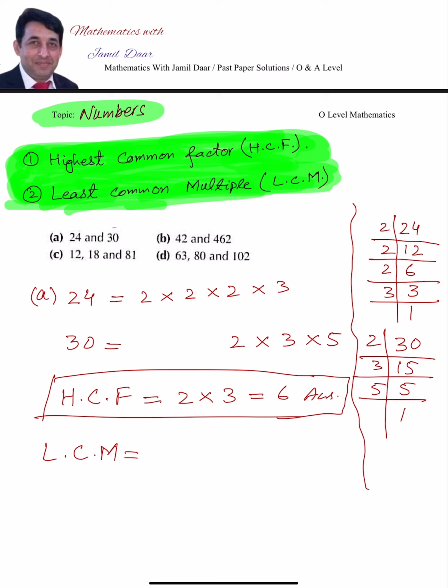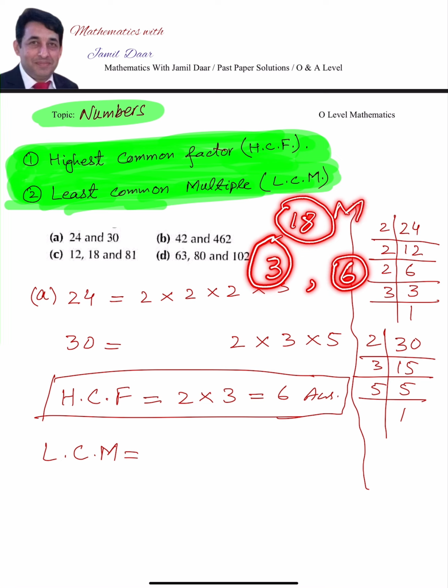As I told you before, 18 is divisible by 3 and 18 is divisible by 6. So 3 is a factor, 6 is a factor, and 18 is a multiple.